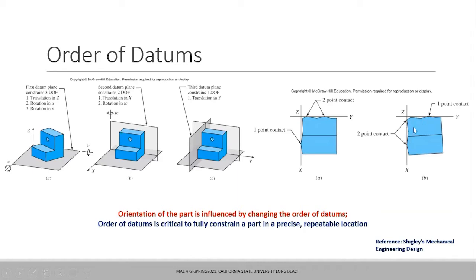So you will see the orientation of this part actually changes just because I have used a different order of my datums, whether I am ordering with A, the bottom face, back face and side face, or bottom face, side face and back face. Depending on the order of datums, you will see different orientation. And with a different orientation, this part will be acceptable to a quality inspector if he is measuring the flatness or the dimension with respect to the YZ plane.